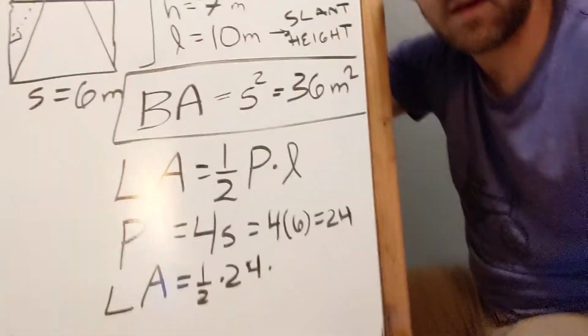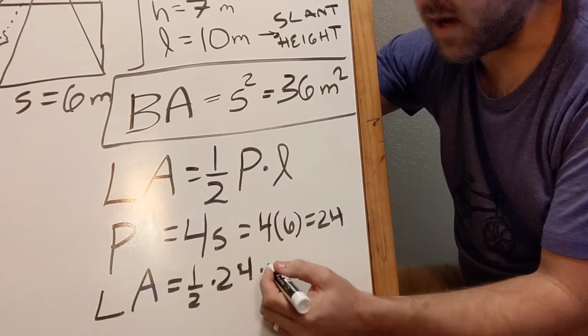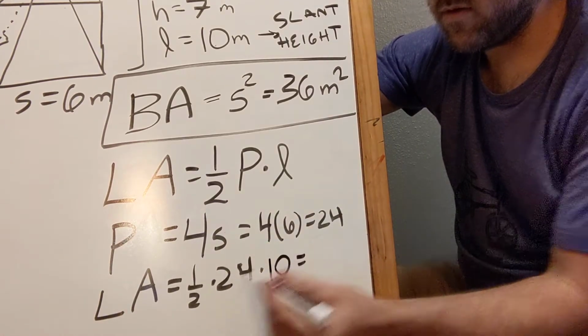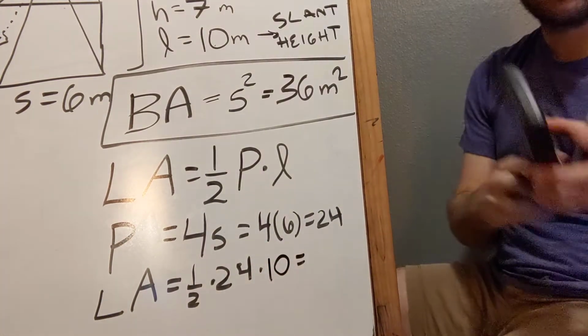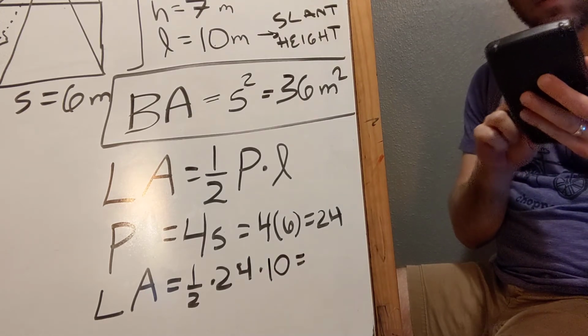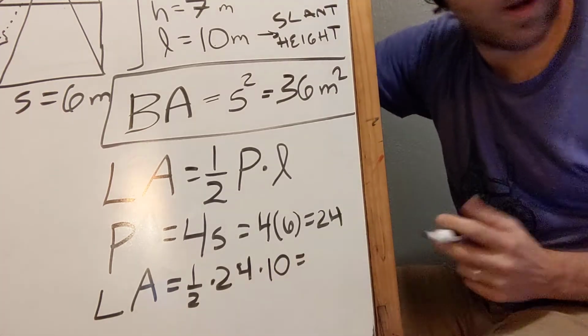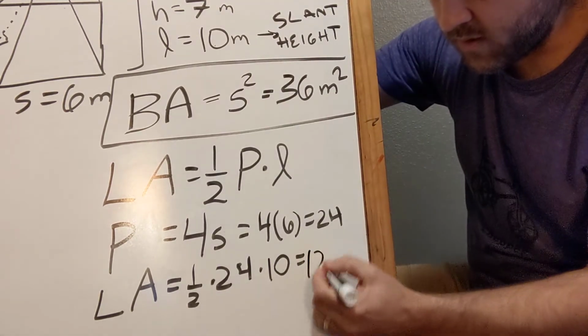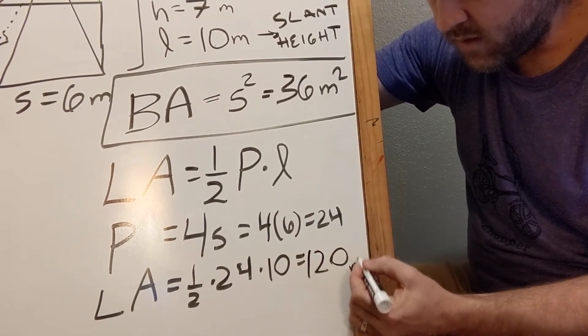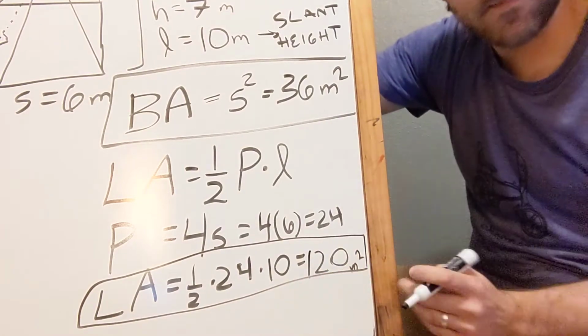So we get 24 times 10 times 1/2. Remember, you can just use 0.5 for 1/2. And we get 120 meters squared. So that's my lateral area.